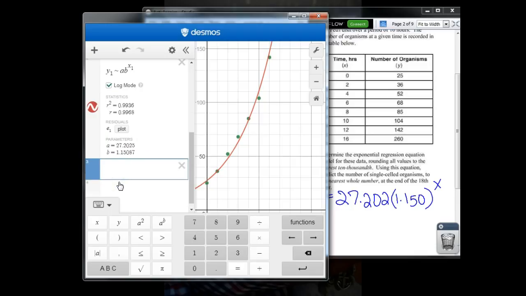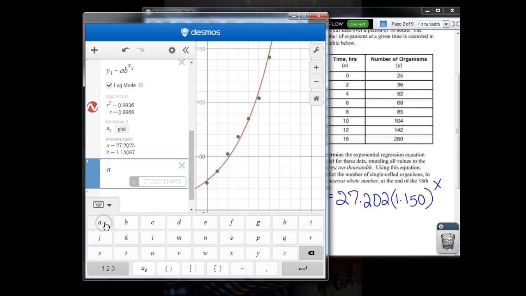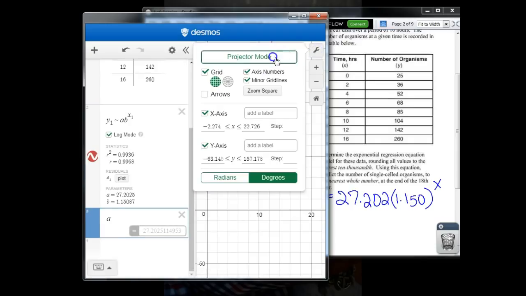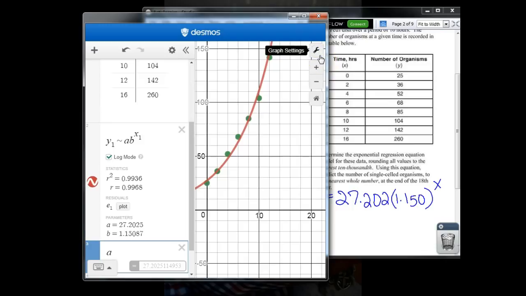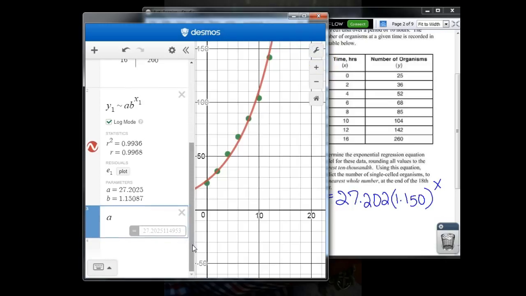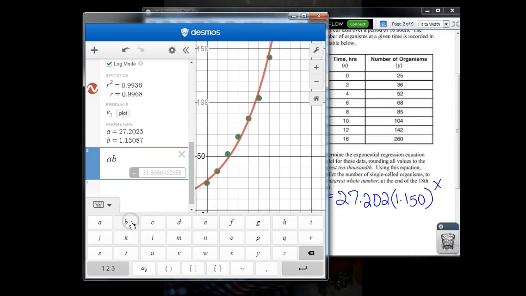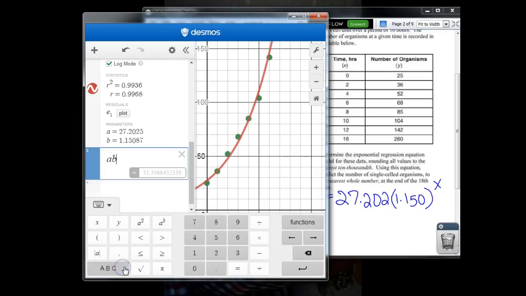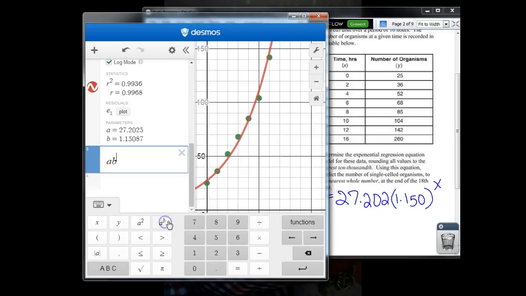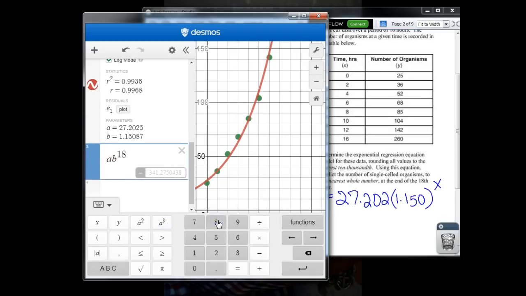So if you type A, down here it says 27.2025, right? So it's matching what A is. Then if you type A times B, it's 27 times 1.15, but you get 31.3. Right, but I'm not done because I need to raise it to the 18th power, right?